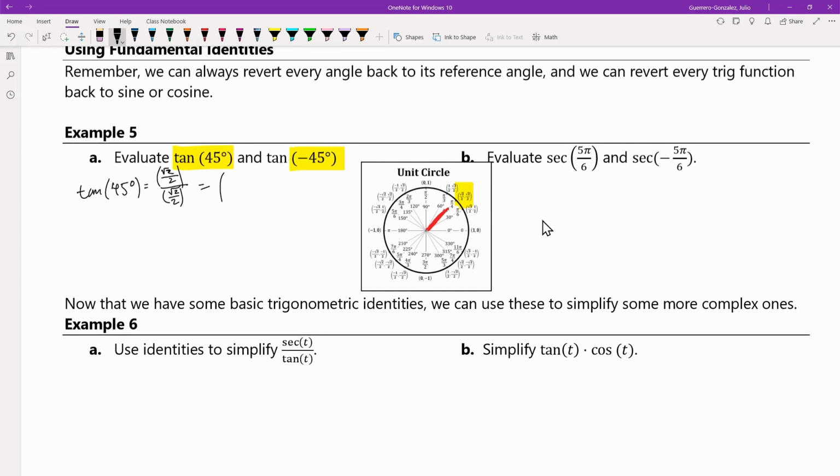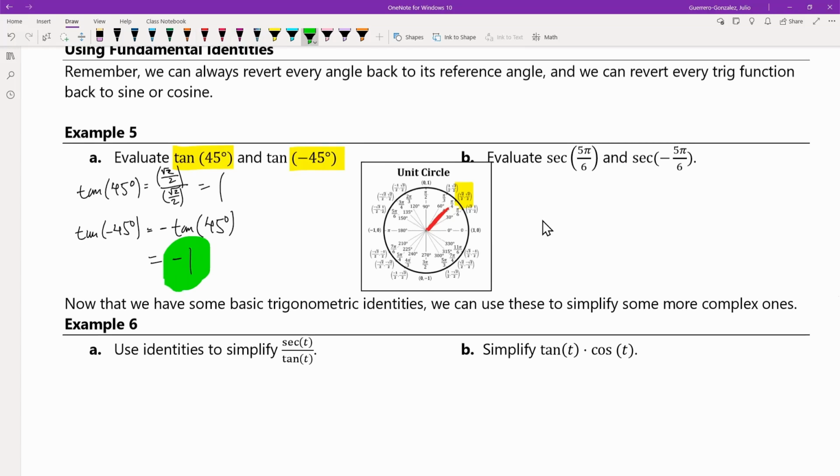Now, we know that tangent is odd, so this means that the tangent of negative 45 degrees should be equal to the negative tangent of positive 45 degrees. We know the positive 45 degrees is equal to 1, so this has got to be equal to negative 1. We are done. That is the point behind the identities.